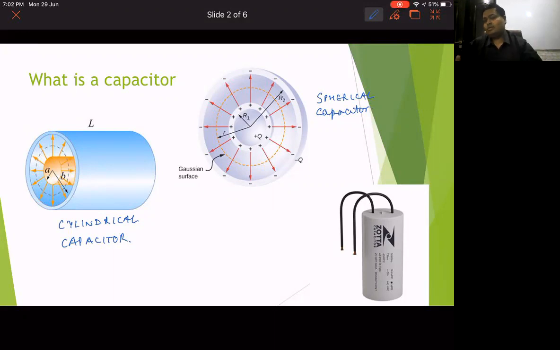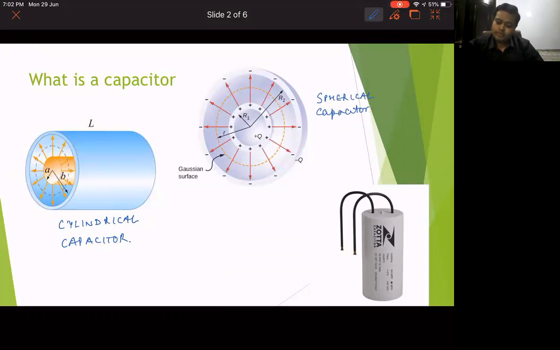What's a capacitor? Let's slow down and answer in brief what a capacitor is. A capacitor is basically a modified conductor which accumulates a huge amount of charge on its plates. And additionally, it also encloses the associated electrostatic potential energy.